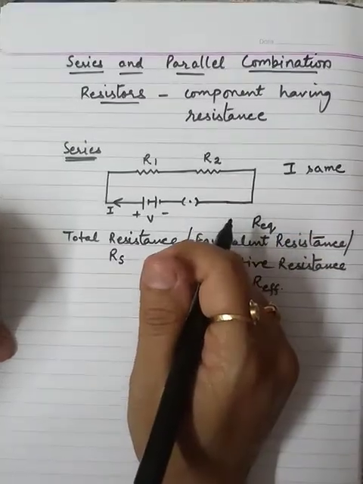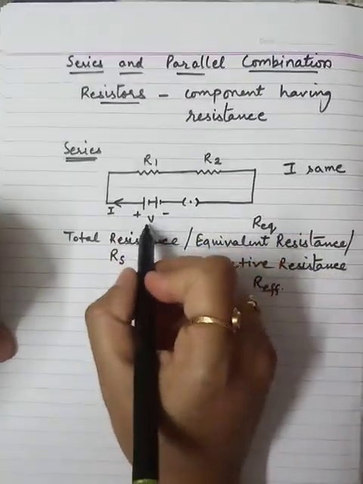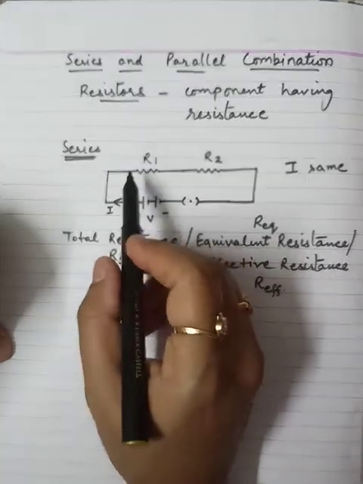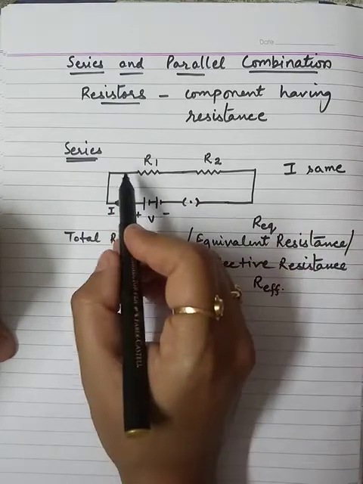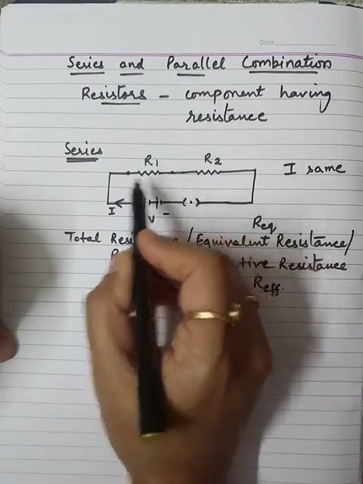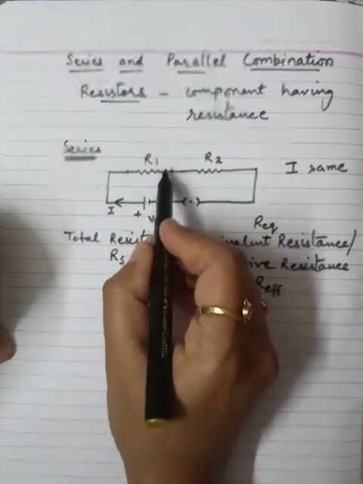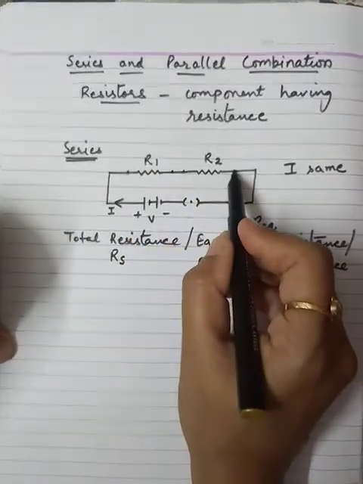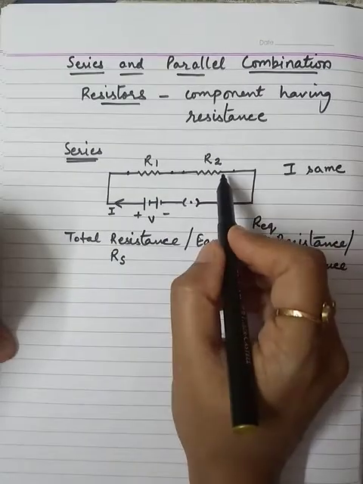This is important concept. And the potential difference V, this potential difference will get divided, because potential difference is measured between any 2 points across the resistor. So across R1 resistor the potential difference is different, across R2 resistor the potential difference is different.